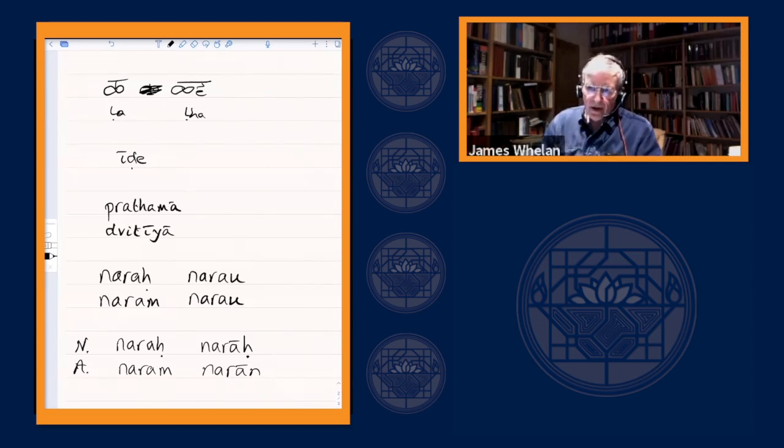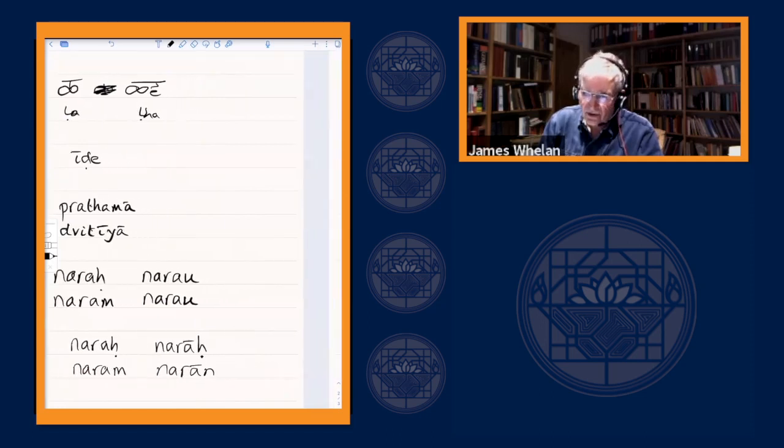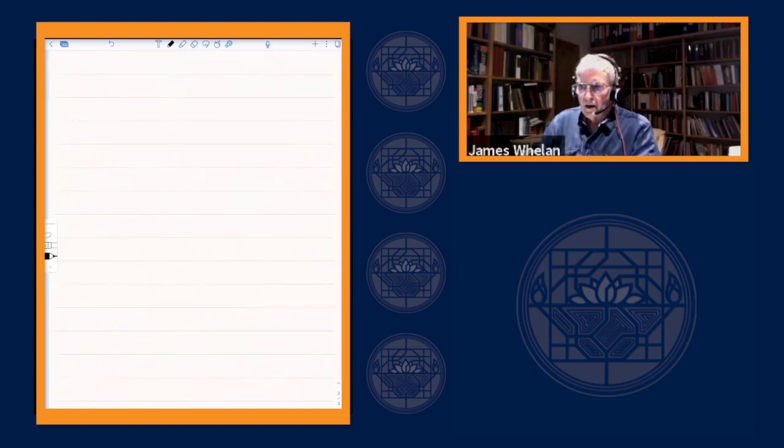Now, I just want to make one point that's useful to remember. You'll see at the very bottom of page 33, in pre-Vedic times, in very ancient times, these words that we see now ending in an ah actually used to end in an s.